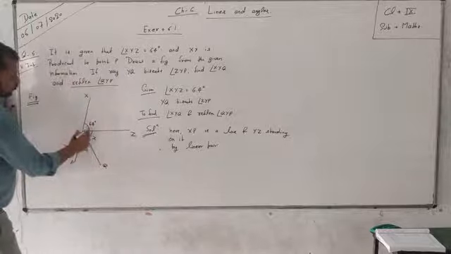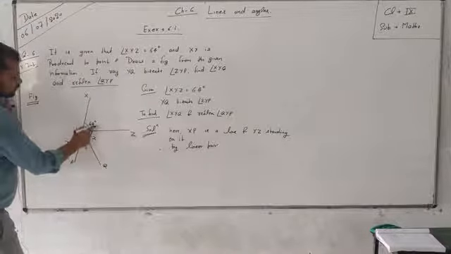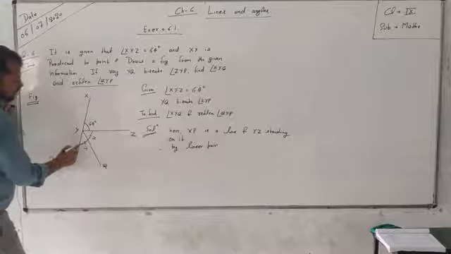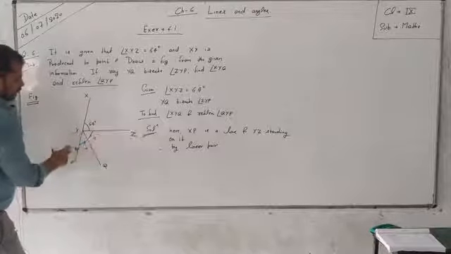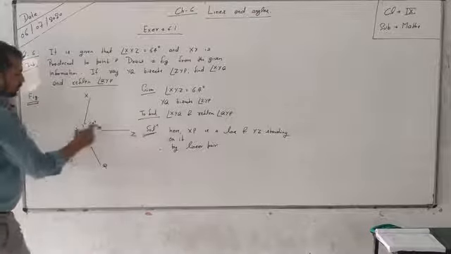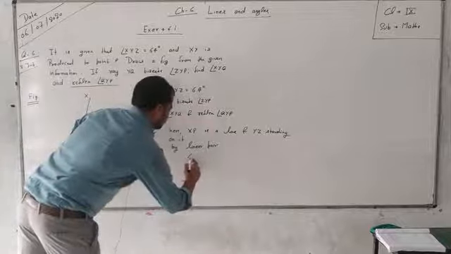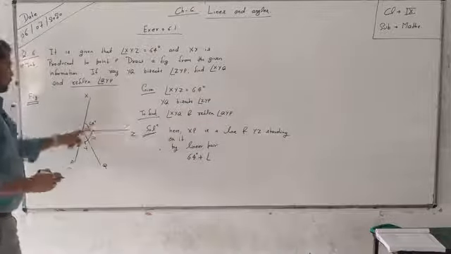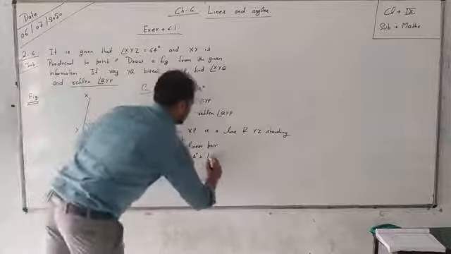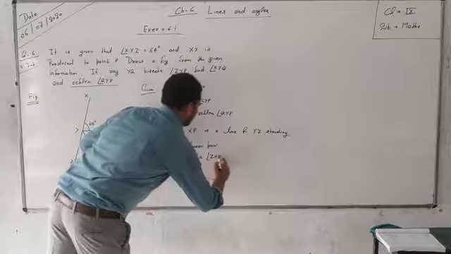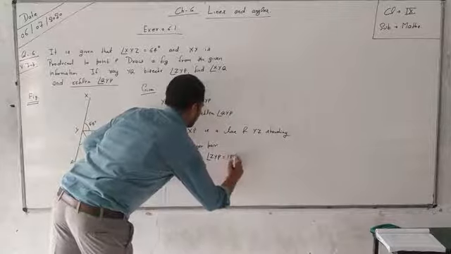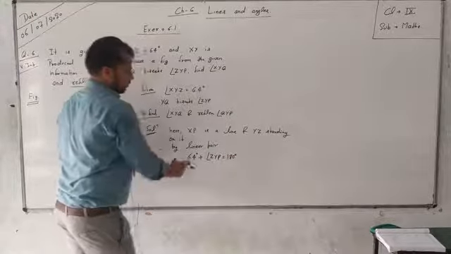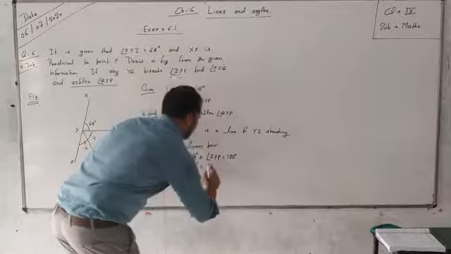this angle whose measurement is 64 degrees and angle ZYP is equal to 180 degrees. 64 degrees plus angle ZYP is equal to 180 degrees. Transfer this 64 to that side.